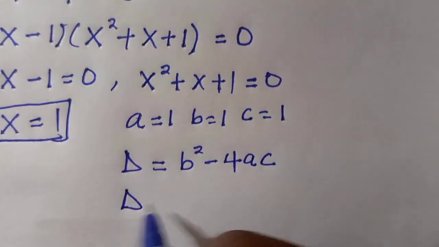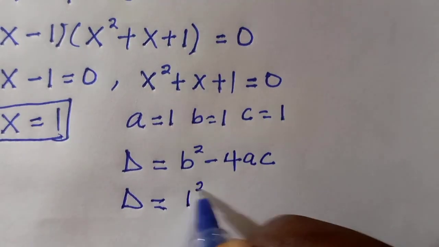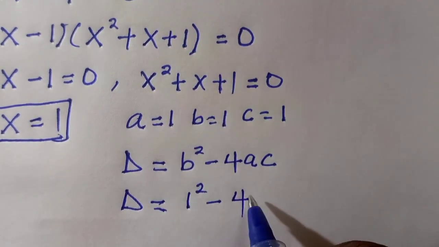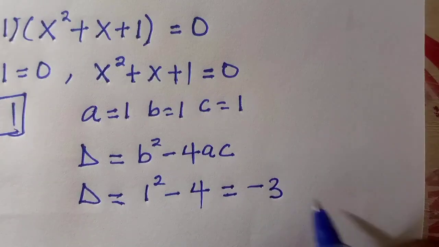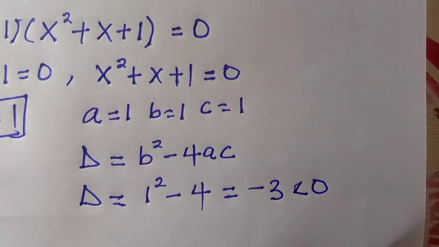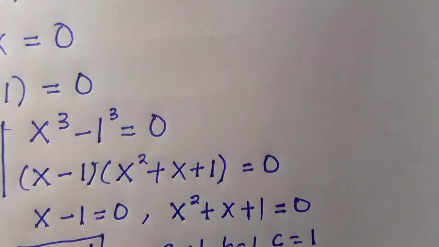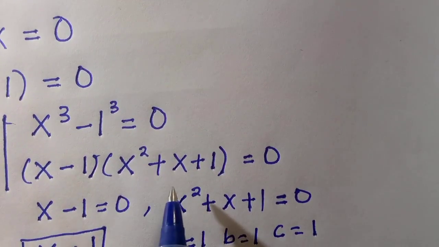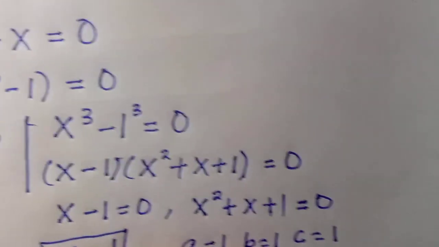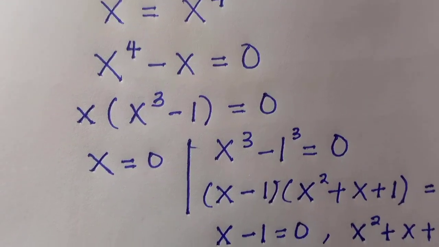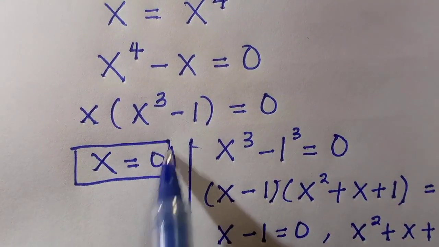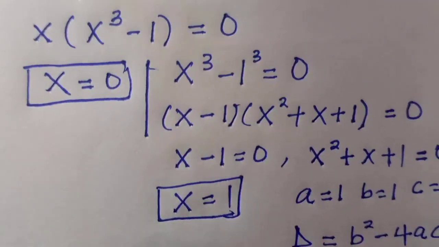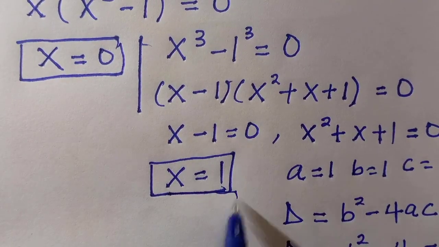By plugging in all these values, we have 1 squared minus 4 multiplied by 1 multiplied by 1, that is 1 minus 4, which is minus 3, and this is less than 0. Obviously, when the discriminant is less than 0, we are going to get a complex solution, which does not satisfy this, which means the values that satisfy this, which are real, are x equals 0 or x equals 1.